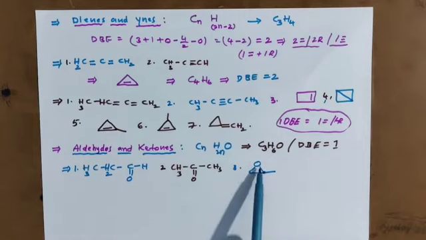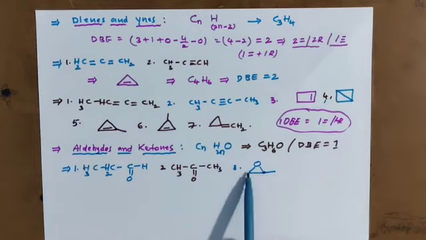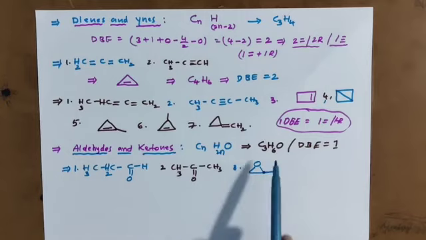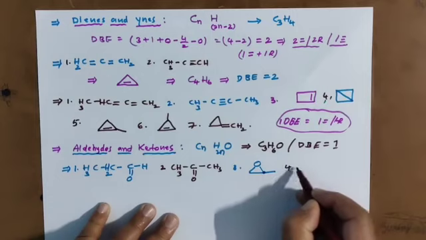Inside the ring I have given oxygen. CH2, CH2, CH3. Here CH only. We got 6 hydrogens, 1 oxygen, 3 carbons. 1 ring we got. Clear?